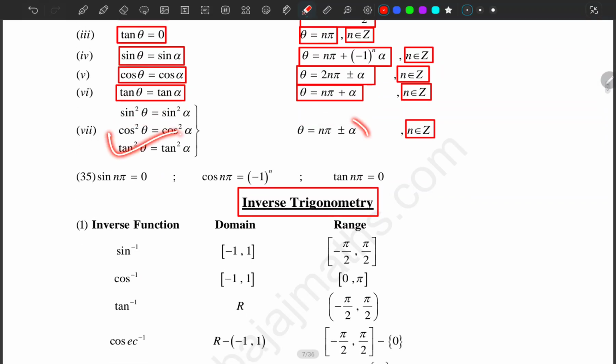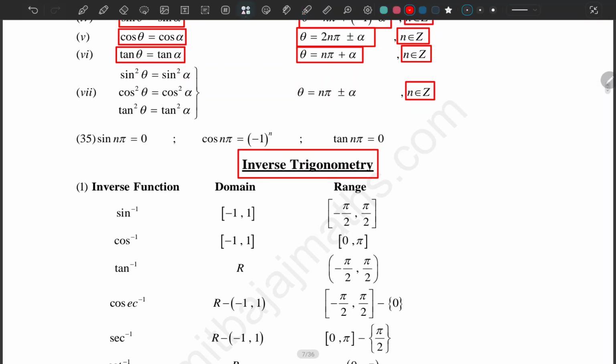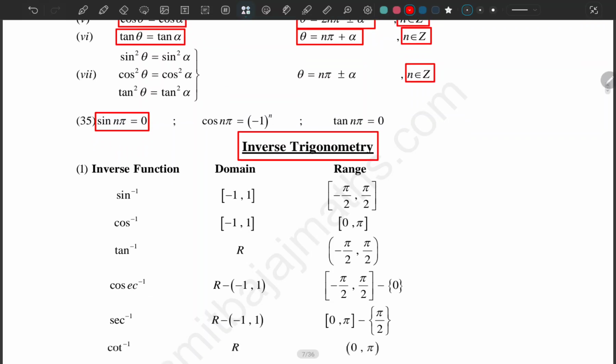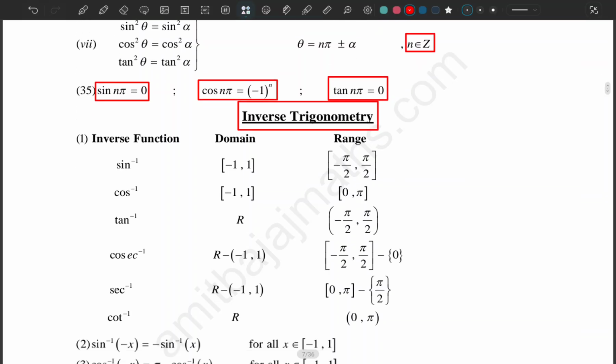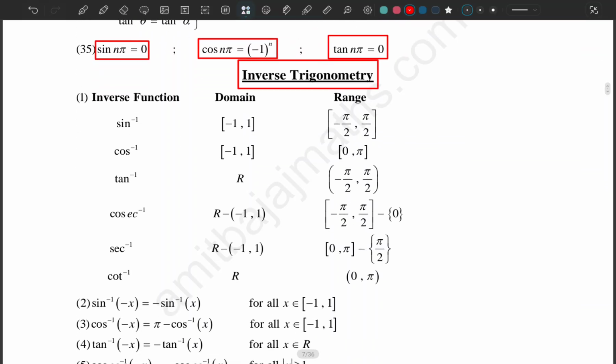Again comes the important part, and these are the things that are being used in higher mathematics. Even I have used them a lot of times in my video that I've uploaded on my YouTube. Sine of n pi equals 0, cosine of n pi equals negative 1 to the n, and tan of n pi is also 0. Okay, and now we are moving towards the targeted chapter, that is inverse trigonometric function.